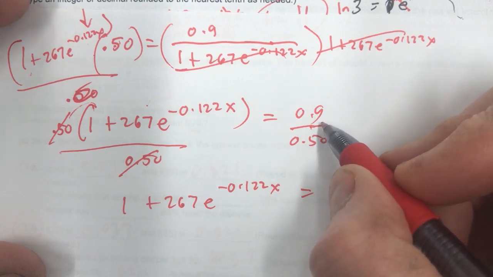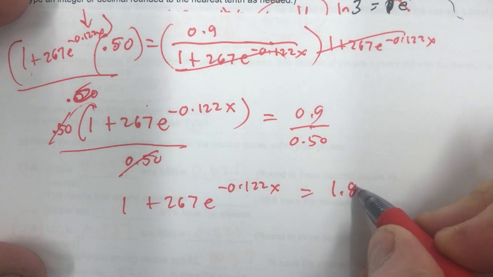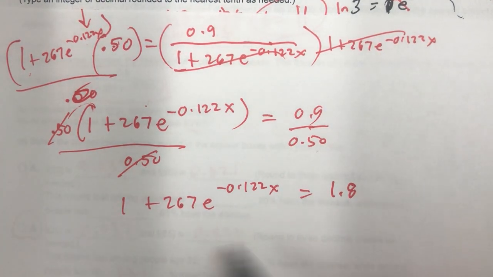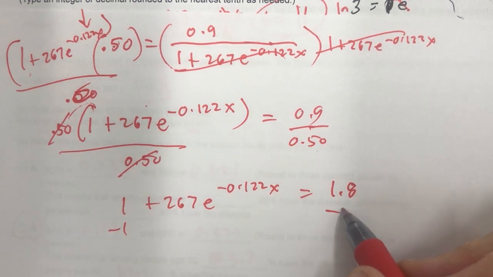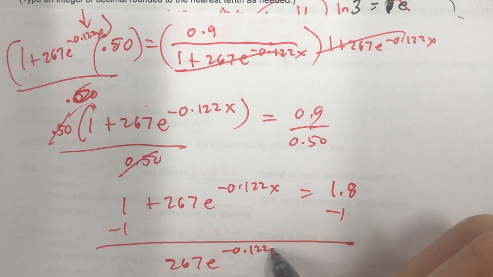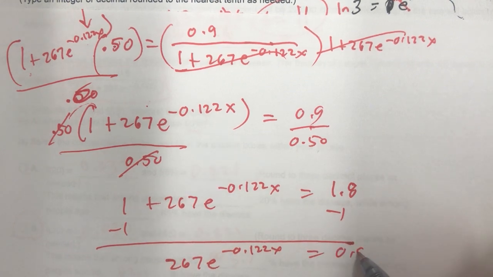That's going to be 1.8. So I'll go ahead and divide that since it divides real easy. And now I'm going to solve this, which means I'm going to minus 1 on both sides. So 267e negative 0.122x equals 0.8.